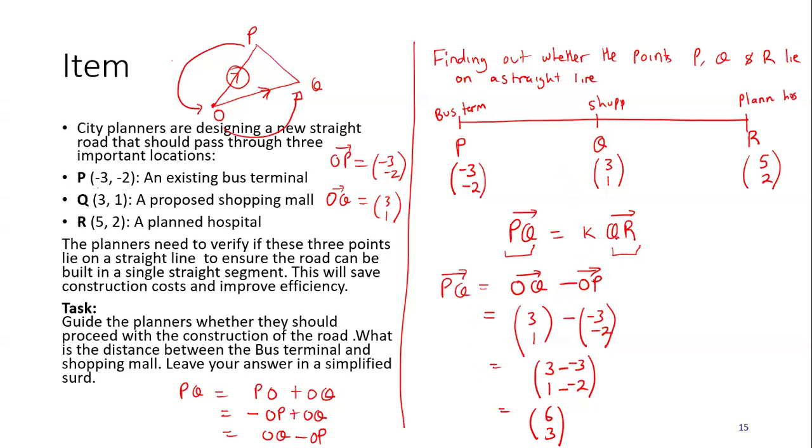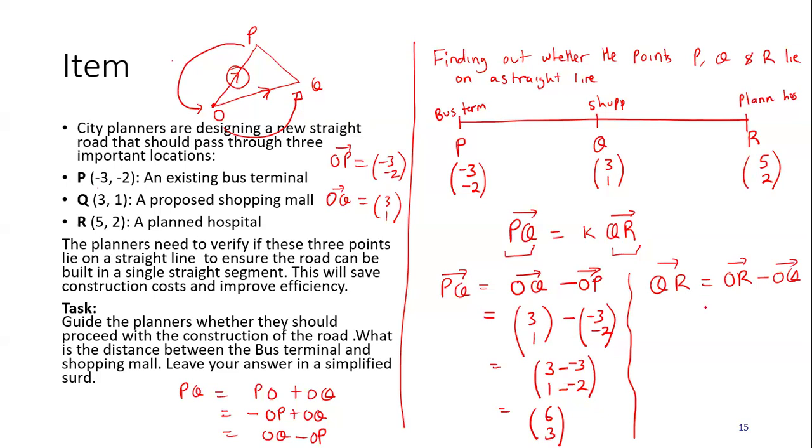Now, can I ask everyone to first find QR? Let everyone find QR, and we start from there. QR will be OR minus OQ. So let everyone first find that one, and then we continue. People are getting 2, 1.